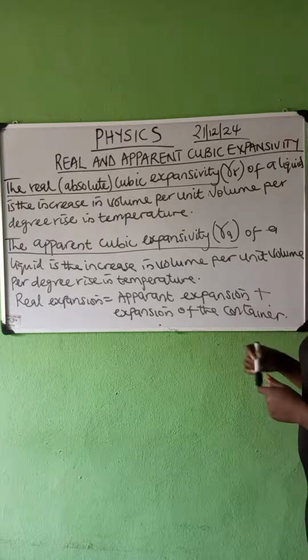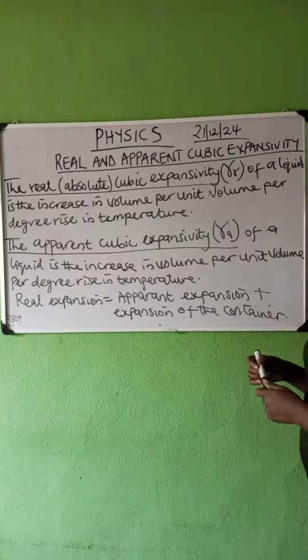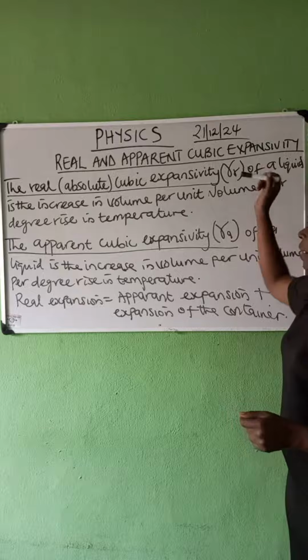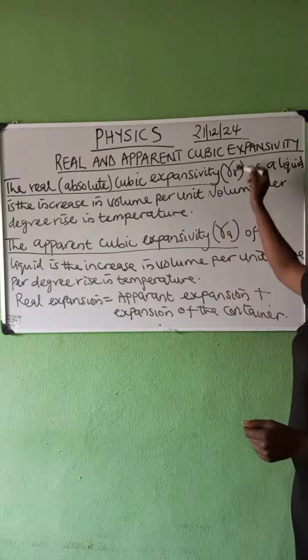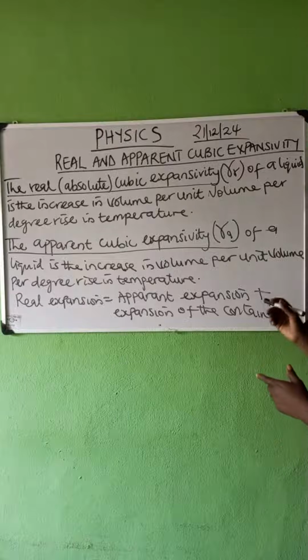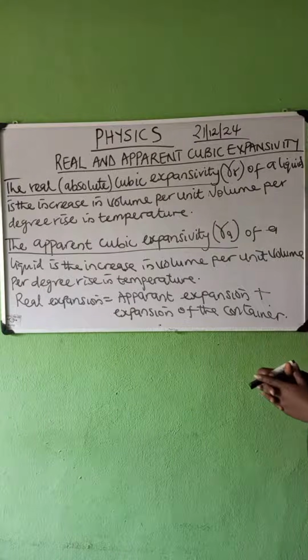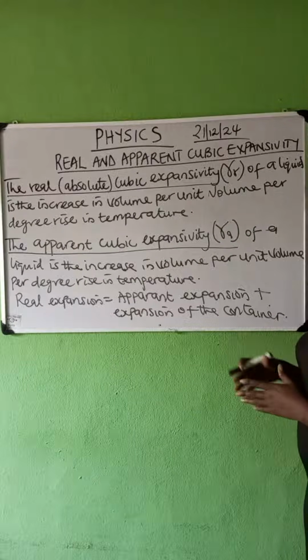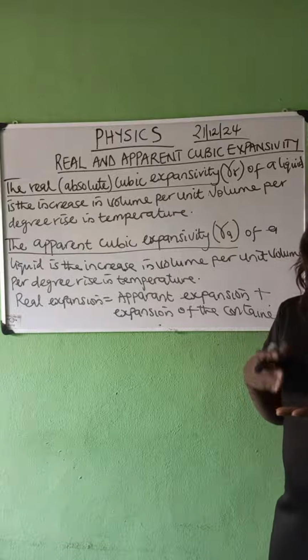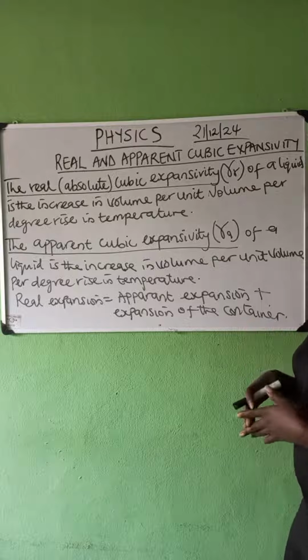Now, the real cubic expansivity, gamma r, remember that cubic means what? If I say real, I will write gamma base r, okay? Of a liquid is the increase in volume per unit volume per degree rise in temperature. So this is the same definition as the volume expansivity, okay?